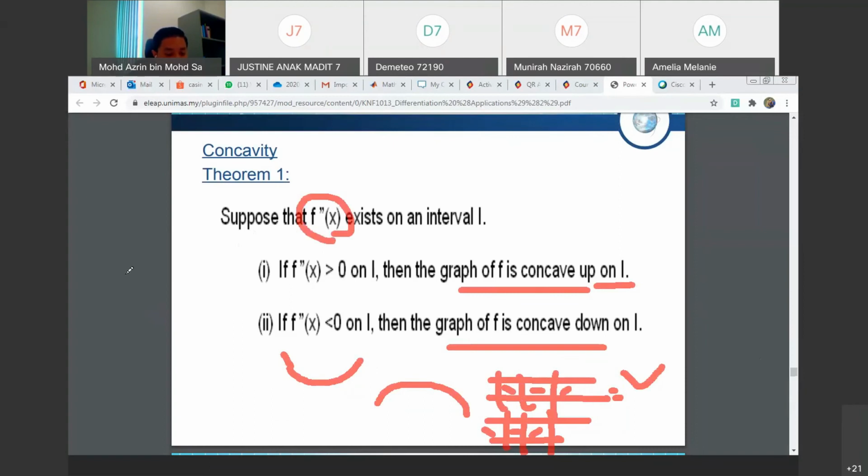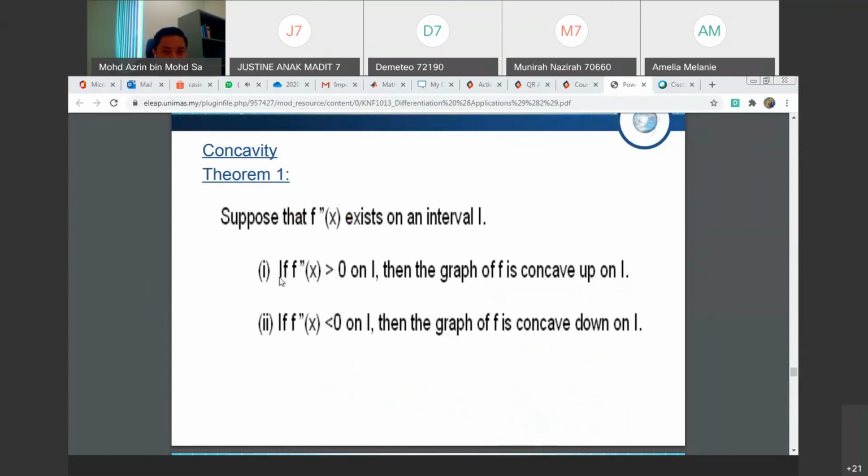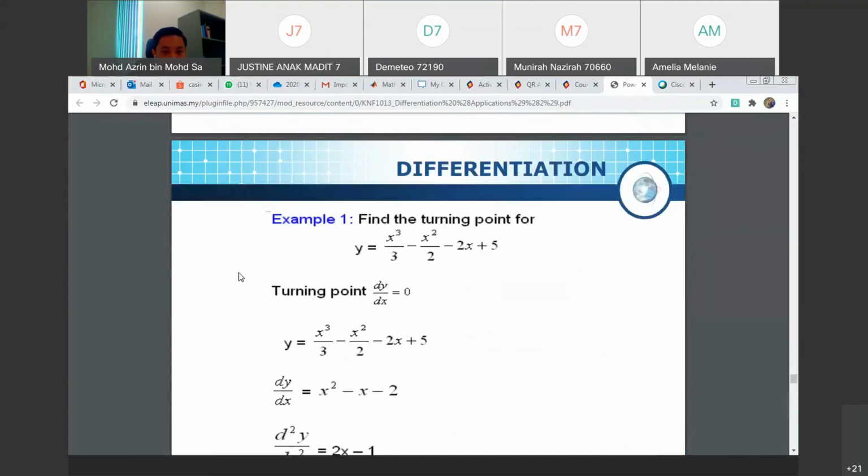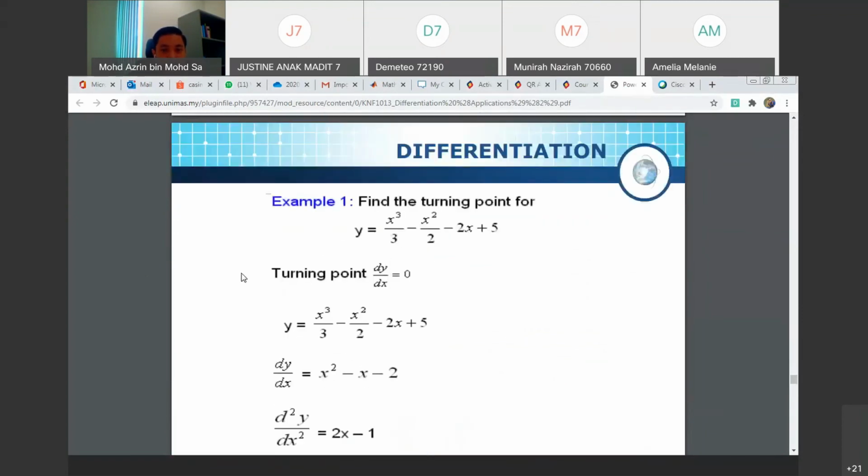Ada yang sebelum ni kalau kita buat first derivative, kita pun boleh imply dia. Ni contoh second derivative lah, to find the turning point kan. Let's say example, find the turning point for y equal to x power 3 divided by 3 minus x power of 2 divided by 2 minus 2x plus c.